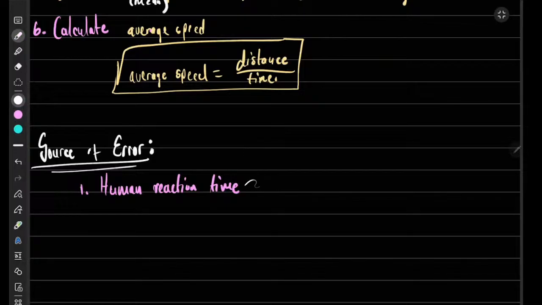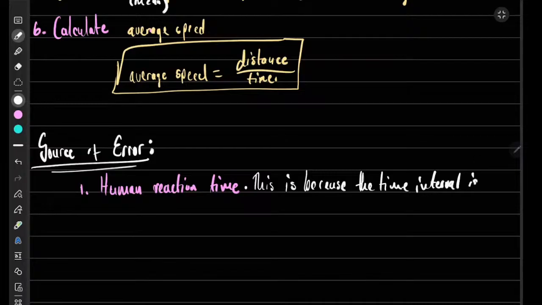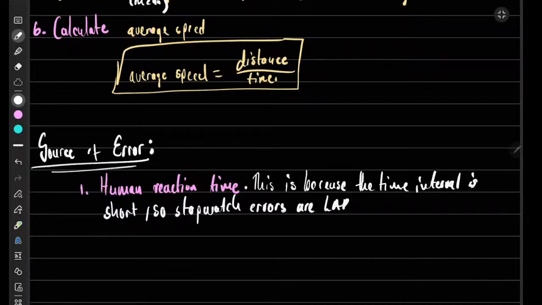You can say this is because the time interval is short, so stopwatch errors are large. The stopwatch errors will be large.